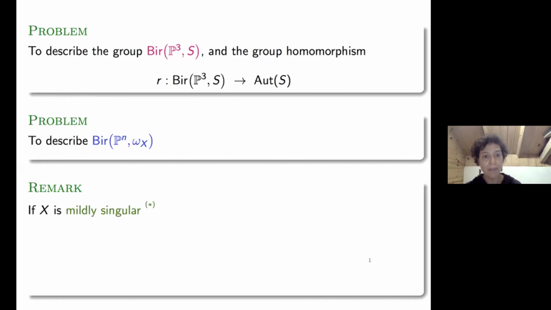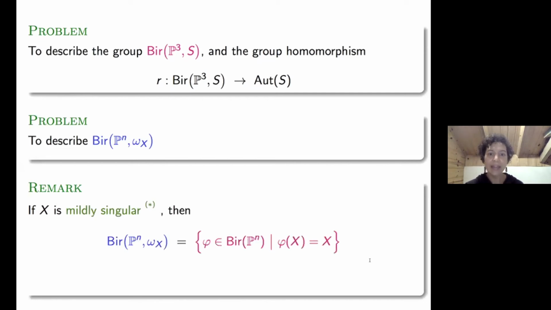Whenever X is mildly singular, and I may say what this is later on, then the group of birational transformations of Pn that preserve this hypersurface X is precisely the group of birational transformations of Pn that preserve the volume form associated to X. And for those that are familiar with the minimal model program, what I mean by mildly singular is that the pair Pn together with this hypersurface of degree n+1 has canonical singularities.